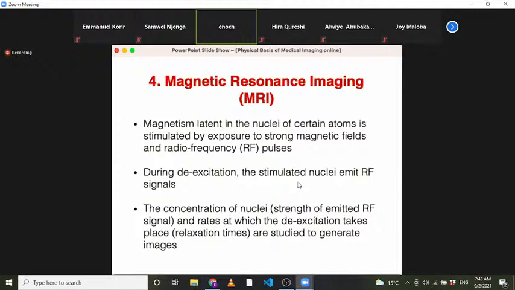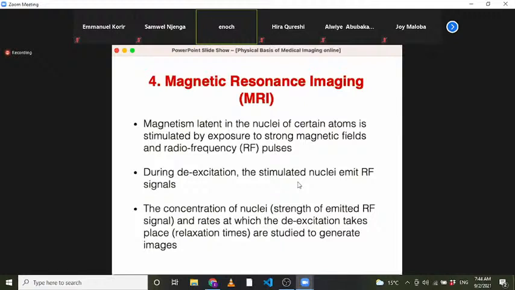And when one measures the regrowth of the longitudinal magnetization after removal of the RF field, the hydrogen nuclei within the subject will still align themselves in the direction of the external magnetic field. So that is the longitudinal magnetization.